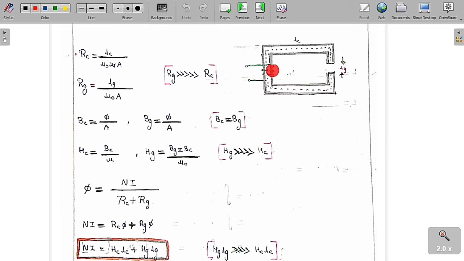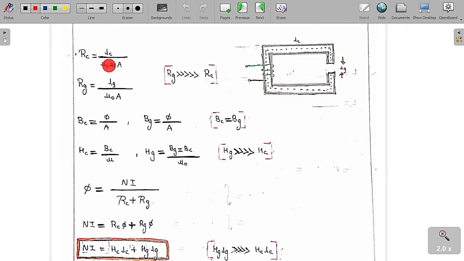Now I am going to cut this core and remove a small part of it. This gap has a length of Lg. Lg is the length of this air gap, and Lc is the mean length of this core. Now I want to find the reluctance of this core and the reluctance of this air gap.